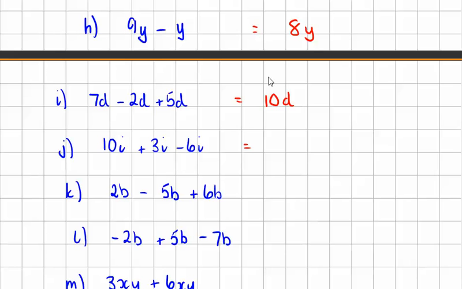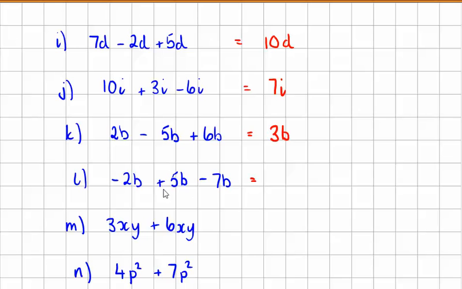We'll stop there. So just to finish these off, here we have 7i. For k, we have 3b. For l, minus 2 minus 7b makes minus 9, but plus 5 leaves us with minus 4b. Now xy's are terms just like ab, you don't need to split them up, so we actually have 9xy.